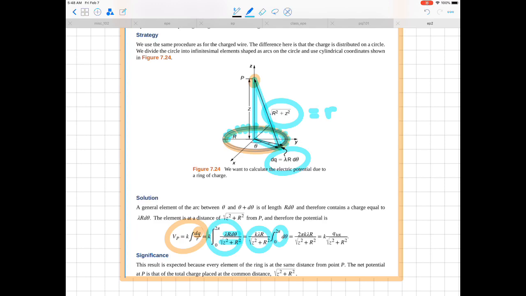And so that just gives you 2 pi. And then this gets rewritten here as q total, because q total should just be lambda multiplied by the full length of the ring, which is 2 pi r. And that's the final answer.